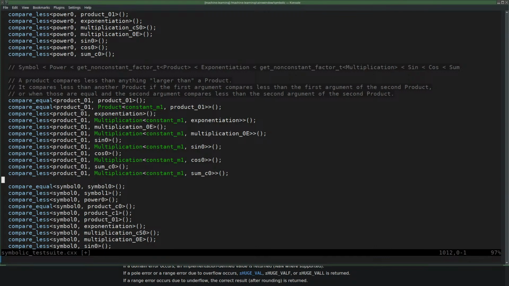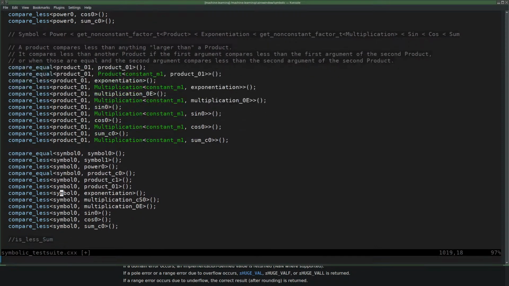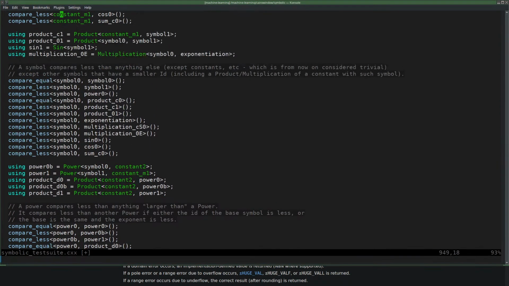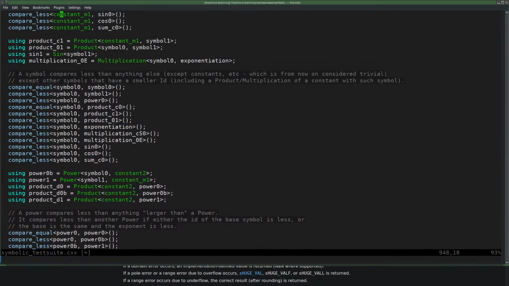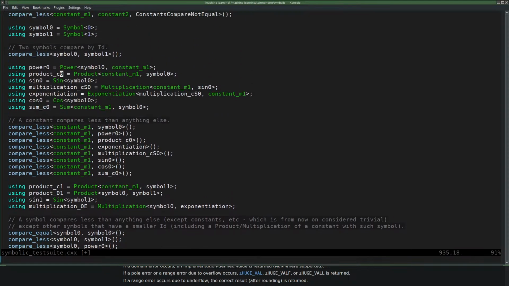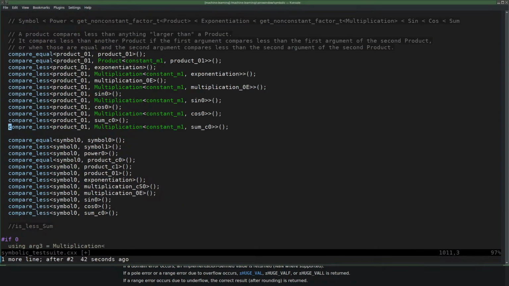If I have a product that is the multiplication of a constant with that, and that happens to be symbol 0 all the time. So what is my product with constant times symbol 0? That's probably C0, C1, C0, this one. Some constant times symbol 0.